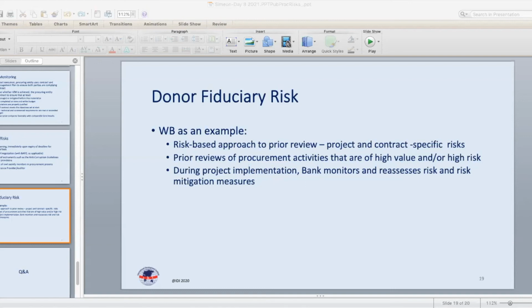Or like what you mentioned at the very end, having a third-party monitoring company. But these third-party monitoring companies also have their own risks that you're also bringing on board.